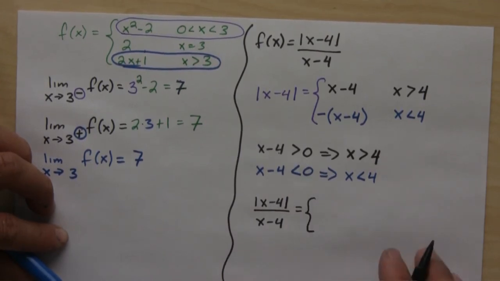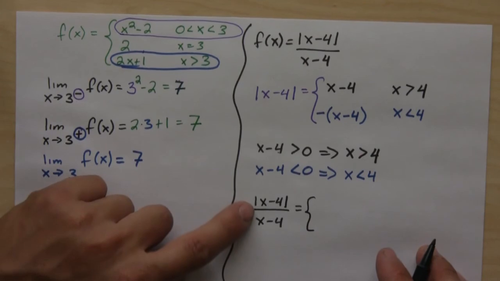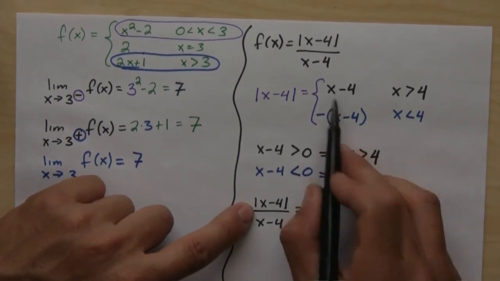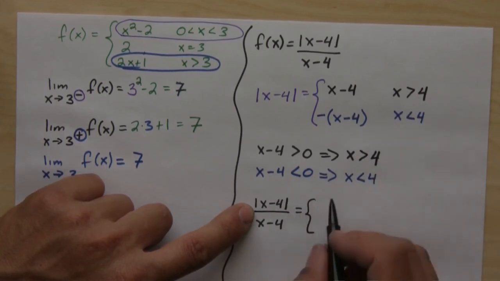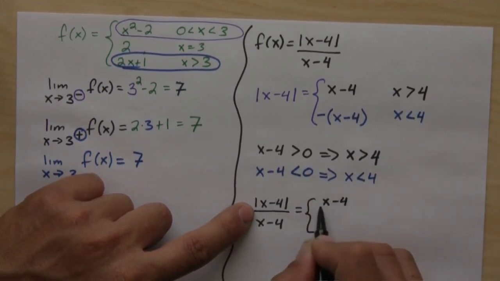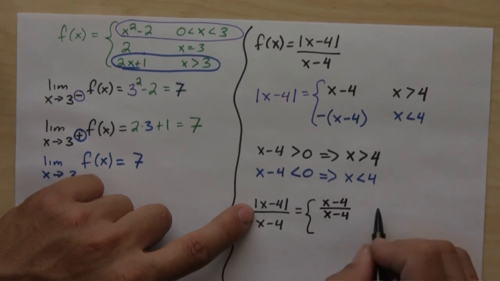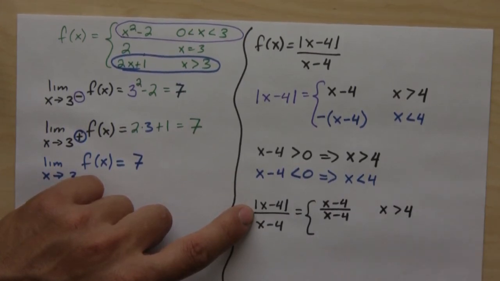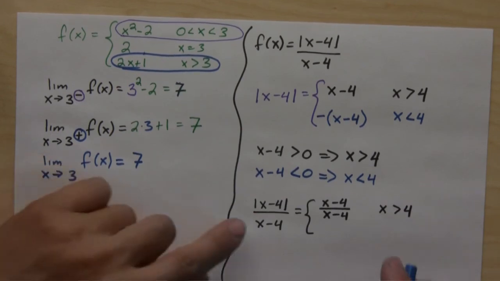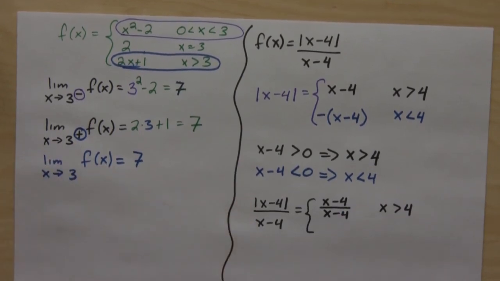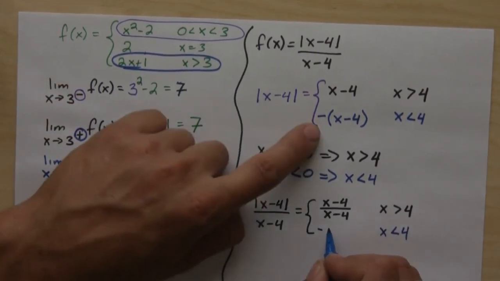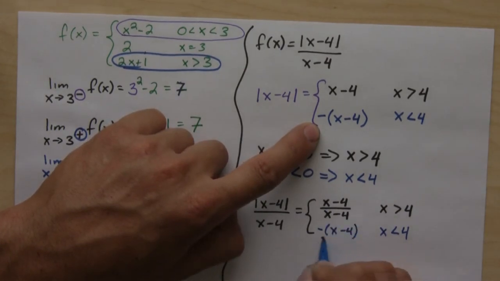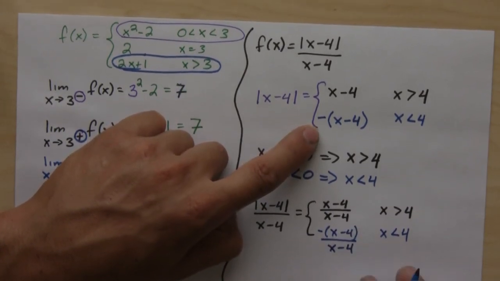is equal to, so let's do it one by one. Here we have x minus 4 when x is greater than 4. So this would be (x minus 4) over (x minus 4) when x is greater than 4. And this would be when x is less than 4. This would be negative (x minus 4) over (x minus 4).